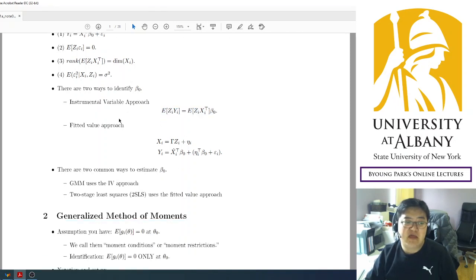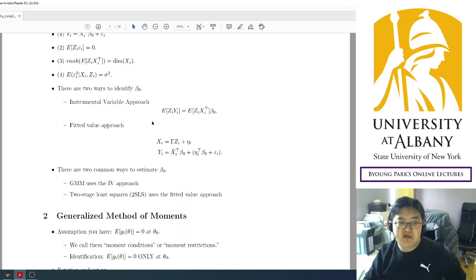And the second method is to use the two-stage approach and just use the classical linear regression method twice. So this is the other way to estimate beta 0.